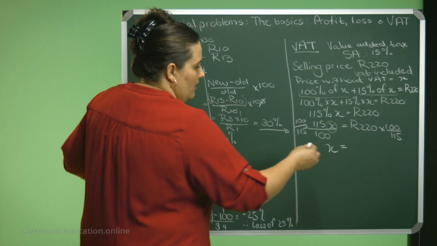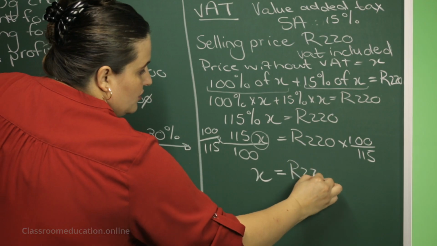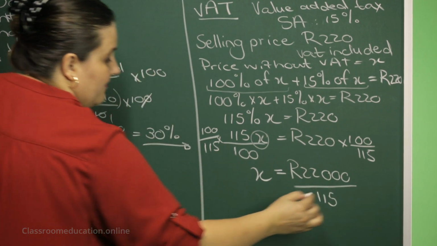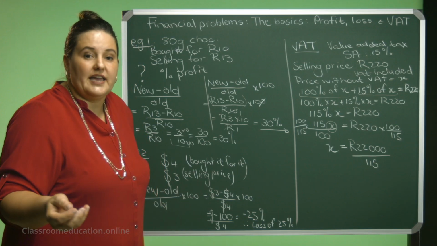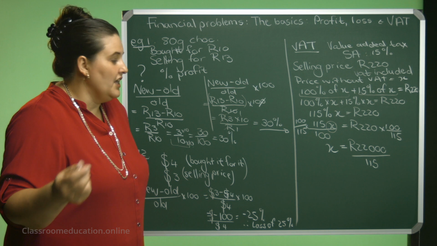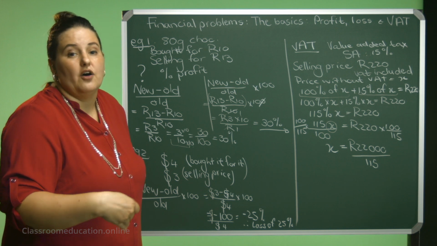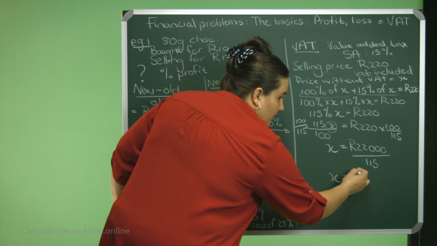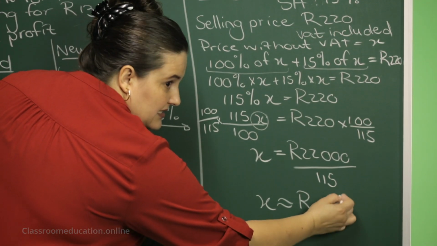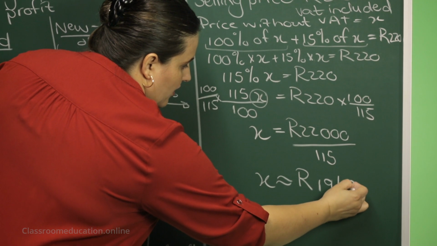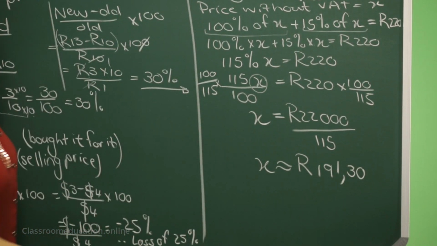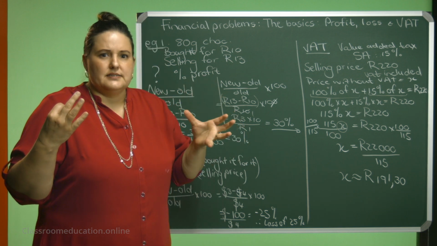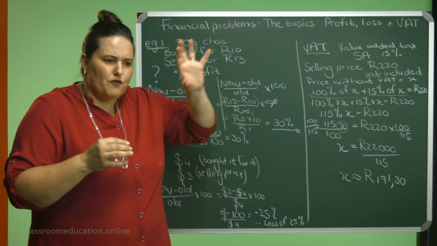So I will actually have 22,000 divided by 115. And if you do the calculation on your calculator, you will see that you need to round off this answer. So my original price rounded off was actually 191,30 Rand.